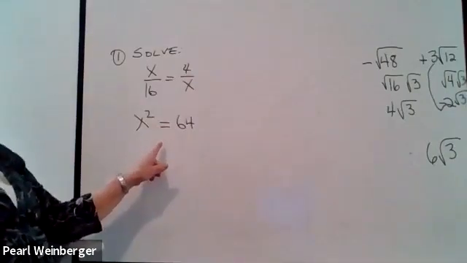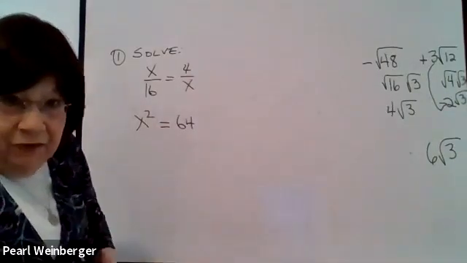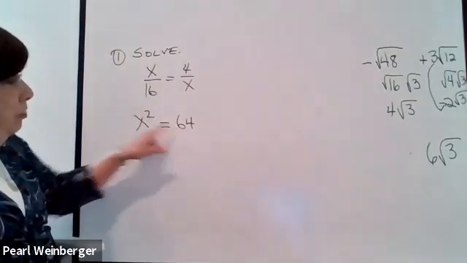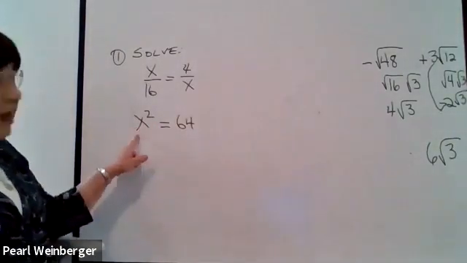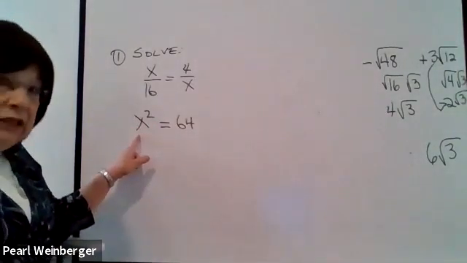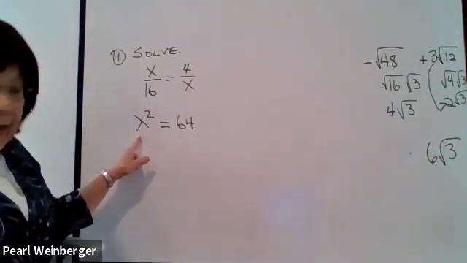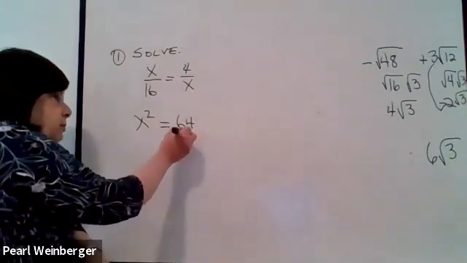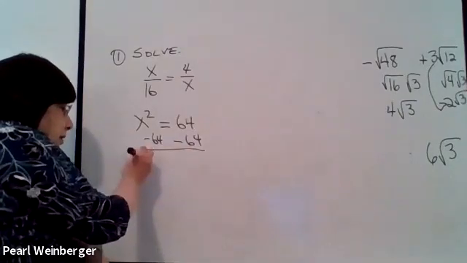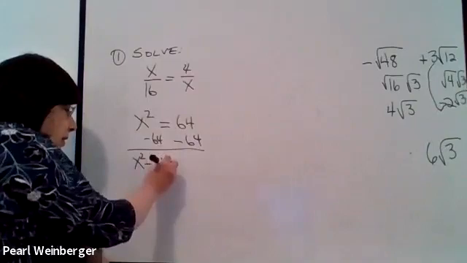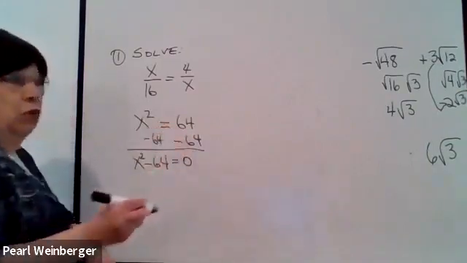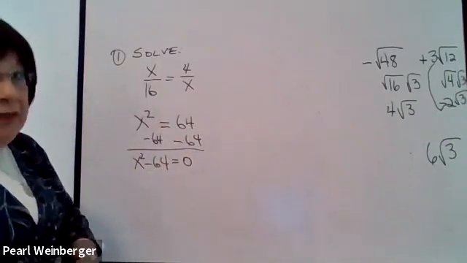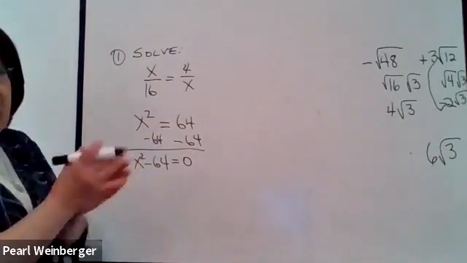Well, before we do that, you have to bring the 64 to the other side. It has an x squared, which means it's a quadratic equation. And if it's a quadratic equation, we want to get it equal to 0. So I'm going to subtract 64 from both sides, which will give me x squared minus 64 equals 0. Remember, you want to get it equal to 0 before you do that factoring.